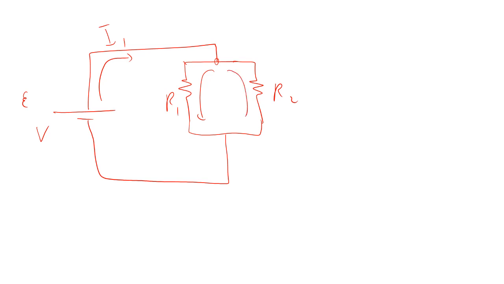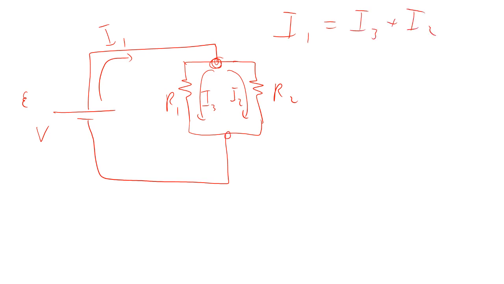Some of it goes to the other one, R2. So this current on the left I'll call I3, and the current on the right is I2, just because I feel like it. Okay, so what happens at the junction here is current into the junction has to equal the current out of the junction. That's conservation of charge. So I1 has to equal I3 plus I2.